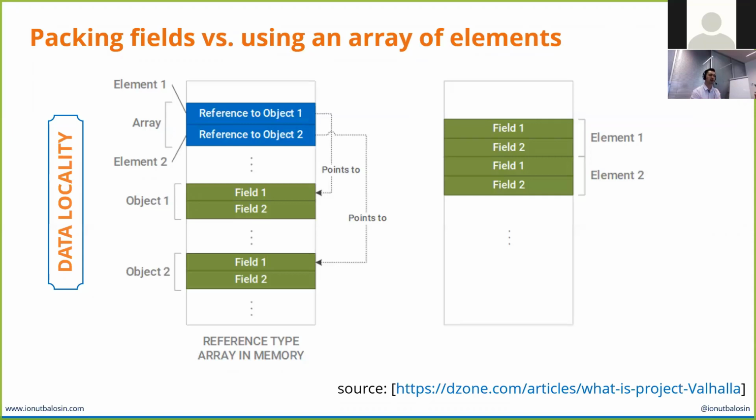As opposed to the second case, where the elements are declared next to each other and not using an array, they are compacted. So accessing E0, for example, there are bigger chances, if it is less than 64 bytes, to automatically retrieve the next E1 on the same cache line. So you basically minimize the number of CPU cache misses. That's why in Java we still need Project Valhalla. We need value types for better packaging of the values.